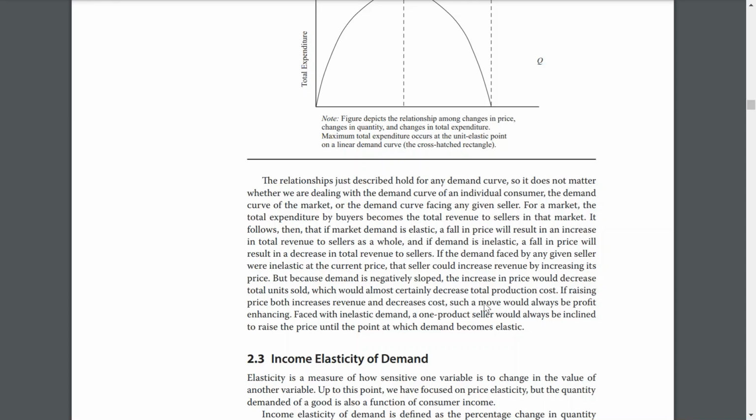If the demand faced by any given seller were inelastic at the current price, that seller could increase revenue by increasing its price, but because demand is negatively sloped, the increase in price would decrease total units sold, which will almost certainly decrease total production costs. If raising price increases revenue and decreases costs, such a move would always be profit enhancing.